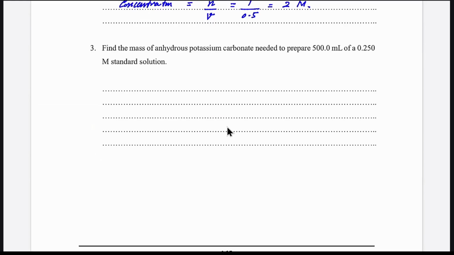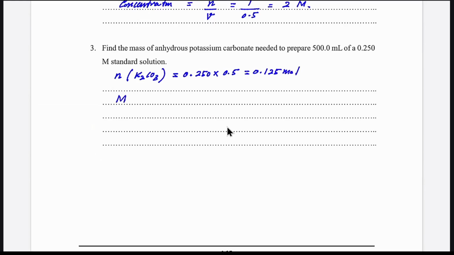The number of moles of K2CO3 is 0.250 multiplied with the volume. It's half, right? 0.5 in liters. That would be 0.125 moles.